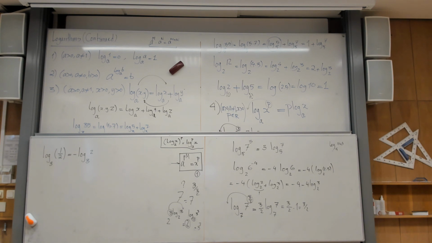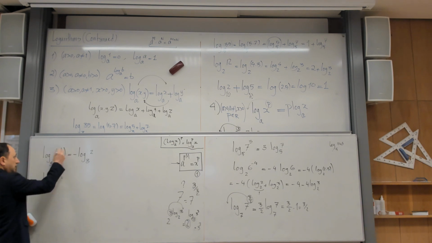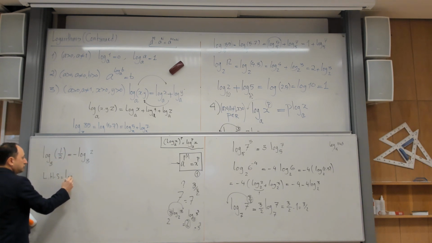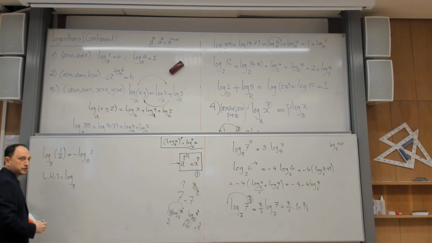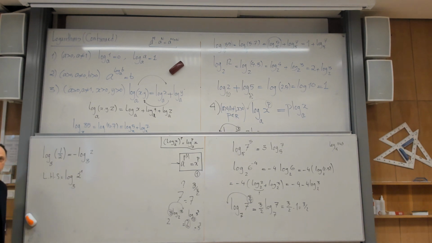Is it because something raised to the power minus 1 is going to be 1 over that? Yeah, exactly. So this means that, instead of 1 over 2, I have another name for 1 over 2. It's not very common, but that is true. Instead of 1 over 2, I can write 2 to the power of minus 1.